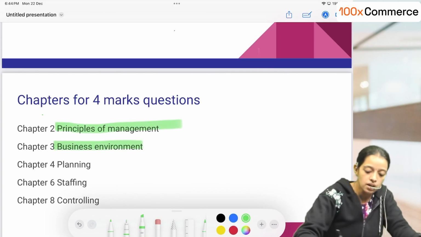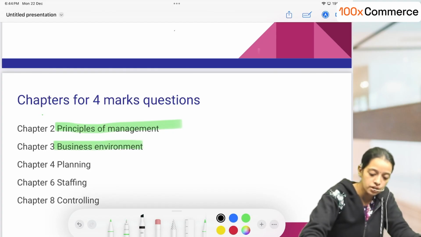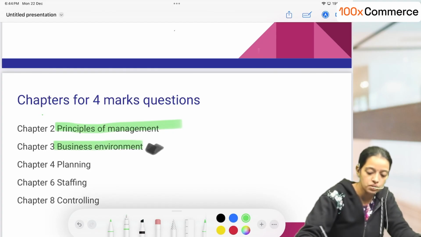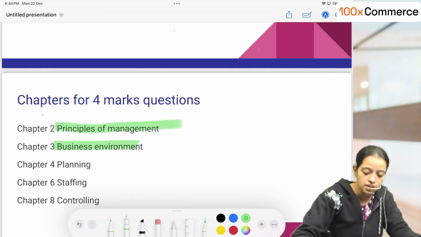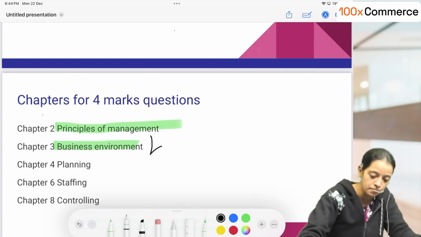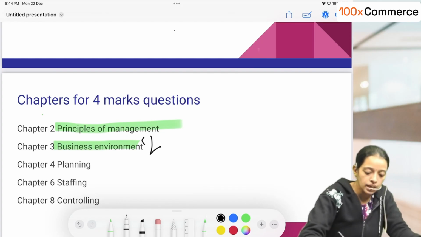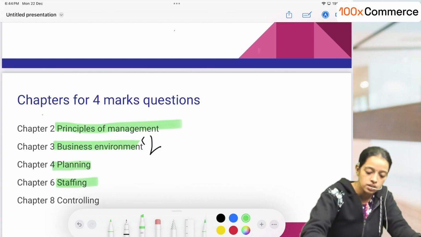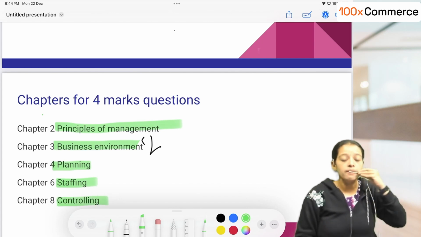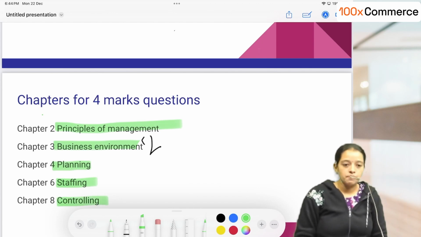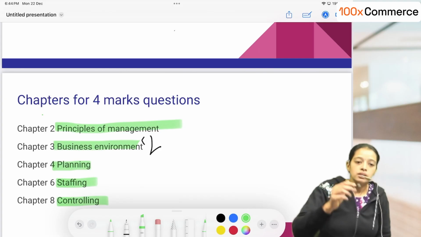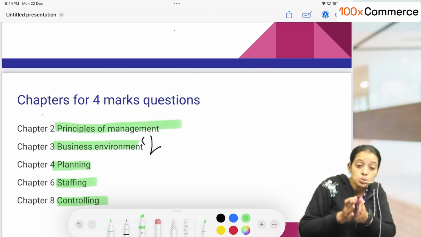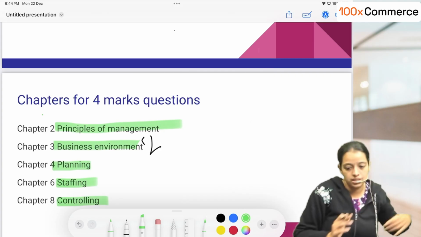Business environment is very important because 2 questions will be asked from the same chapter. Which questions, I will definitely tell you in the upcoming session. Then from the planning chapter you will be getting a 4-marker question, and staffing and controlling. These are very important chapters. From part 1, the business environment chapter has more weightage, as 2 4-marker questions will be asked.